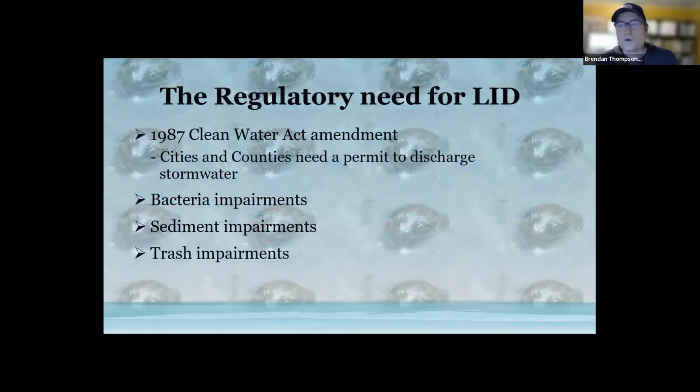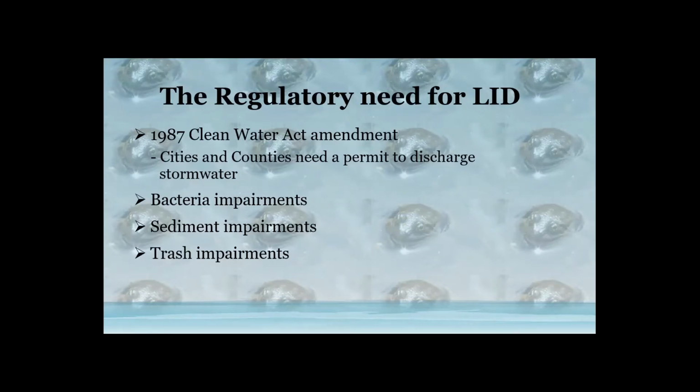So, the regulatory hooks, the regulatory need for LID. The Clean Water Act has been around a long time, and prior to 1987, it mainly dealt with pollution coming from wastewater treatment plants or factories, basically big facilities where you have wastewater being discharged to creeks through one pipe.